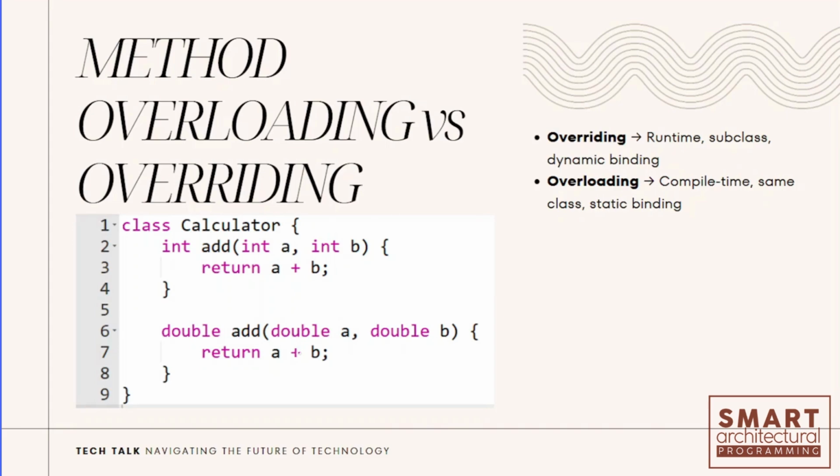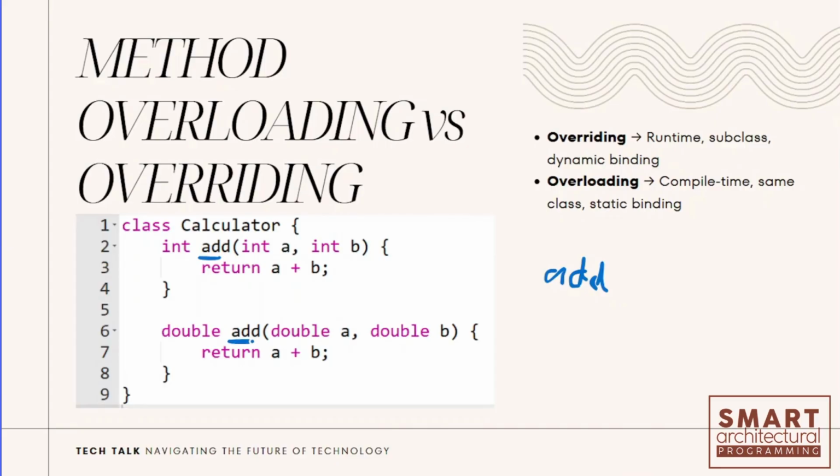When it's overloaded, based on the parameters we give when we call the function add, whether we give it 2 ints or 2 doubles, based on that context, either this add or this add would be selected. That's overloading, right? And it is resolved at compile time, not runtime. That's a key difference to remember.